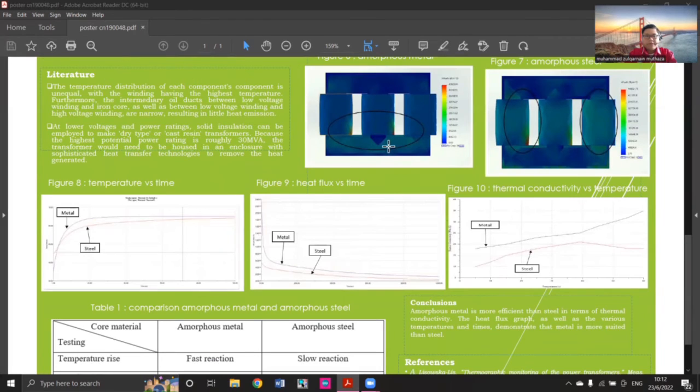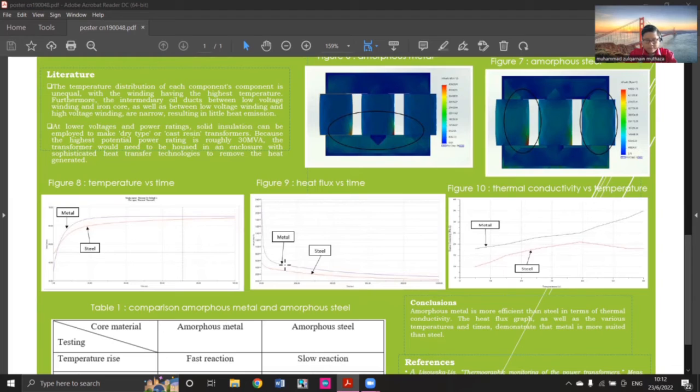Next, I will show figure 9, heat flux versus time. As you can see, the variation of the heat transfer in the metal, the blue line, at the interface, the heat flow is initially large, and it rapidly reduces with time. You can see it slowly reduces with time.